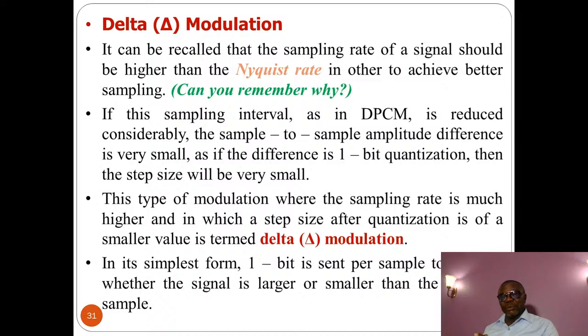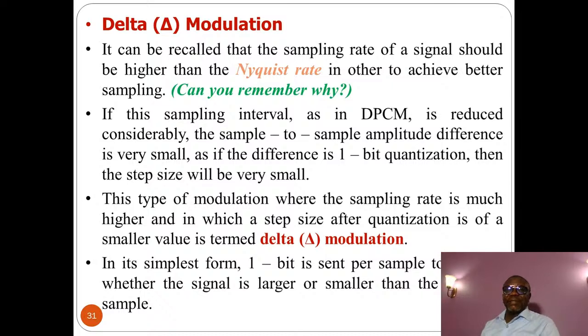Tip: when we did sampling, when you sample at the Nyquist rate, that is 2B, you will have your signals, but your filter has to be an ideal filter to get that. Because ideal filters are not practical filters, you need to sample at a rate a bit higher. That higher rate introduces what we call the guard band. That guard band allows you to make use of practical filters to recover your signal.